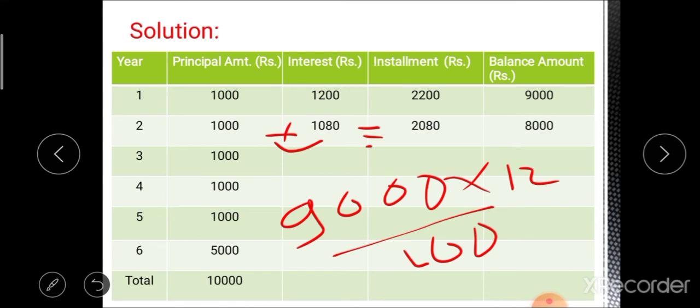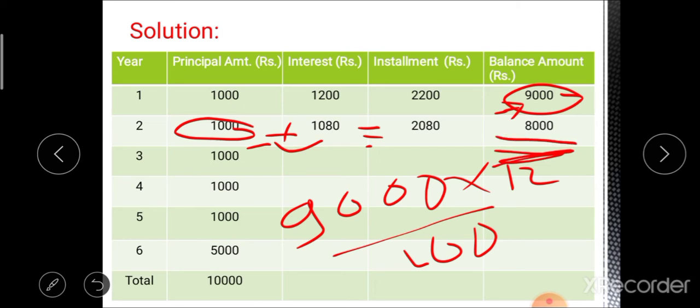Then the balance amount for the second year. In the second year, we paid 1,000 rupees, so subtract the 1,000 rupees from the first year remaining balance amount. We get the second year remaining balance, that is 9,000 minus 1,000.